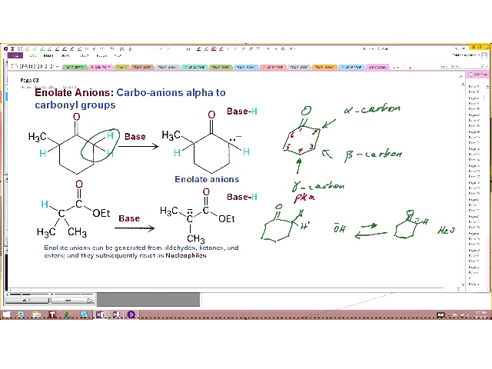for this alpha hydrogen here, the pKa value is about 20, and for the beta hydrogen, the pKa value here will be about 40, and here the pKa value for this gamma hydrogen will be about 50.